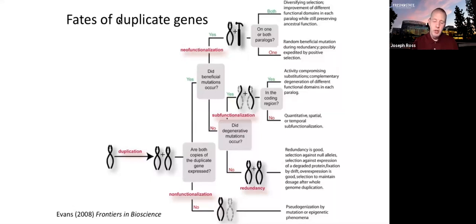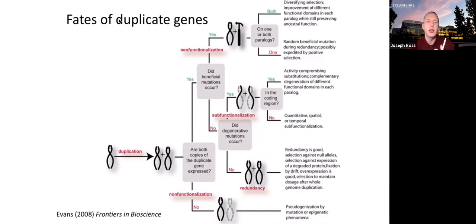And then the mutation in the other copy of the same gene might retain its ability to bind DNA, but it prevents it from doing its other job. It's not usually the case that a transcription factor would also be a kinase, but let's say it allows it to continue to do its job phosphorylating another protein. So that would be subfunctionalization.